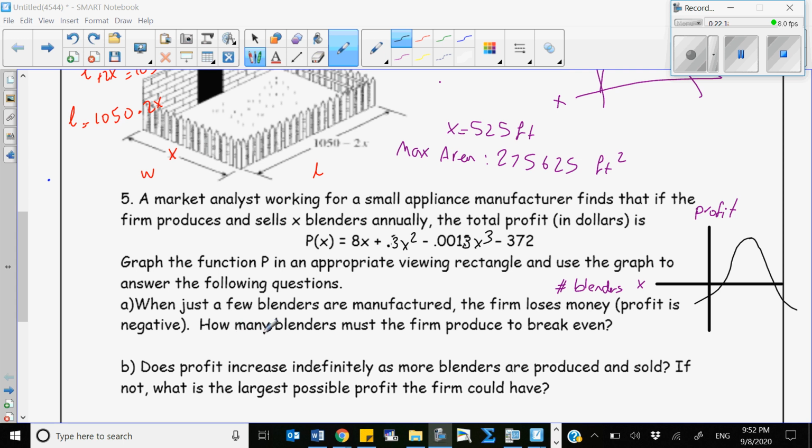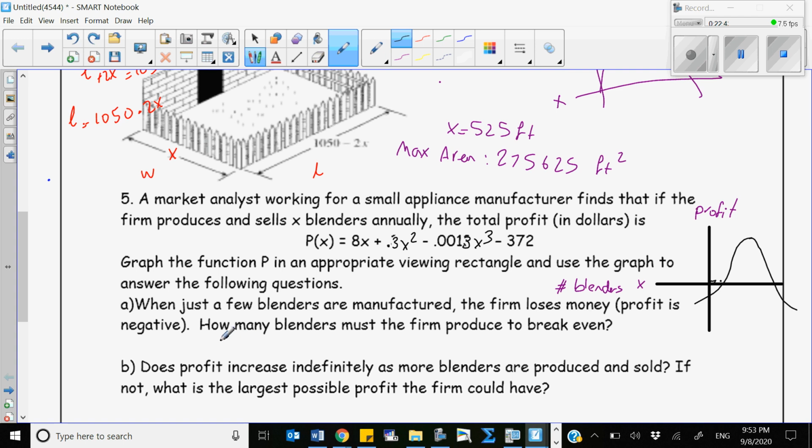How many blenders must the firm produce to break even? As I look at the graph, it's obvious that if I produce just a few blenders, that is when the x value is a really small number, then the profit is negative. It's below the x-axis, that means it's negative. So that's the first part.